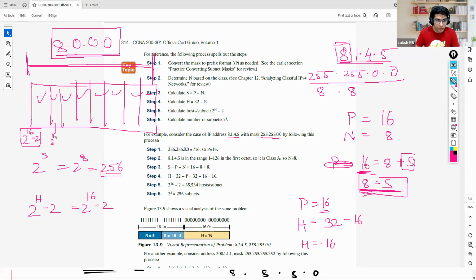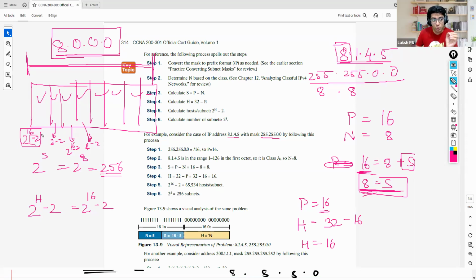This subnet will also have 2 power 16 minus 2 hosts, and so will this one. The host part, as we discussed, is the part which we can assign to the users. So each subnet will have 2 power 16 minus 2 usable IP addresses.